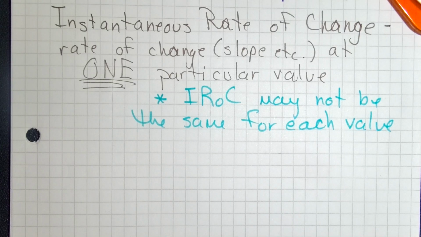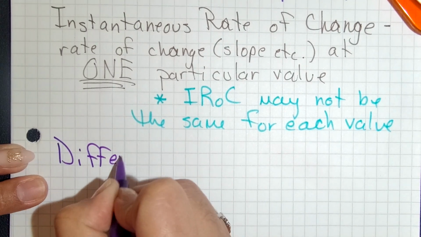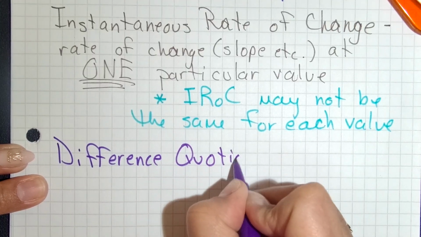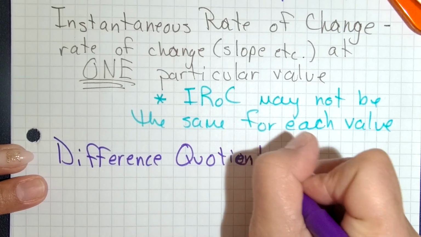Because we don't have 2 points, we cannot find the rate of change using the slope formula. We can't do that. So we have to use something called the difference quotient. Oops, I spelled quotient wrong. Sorry. The difference quotient.